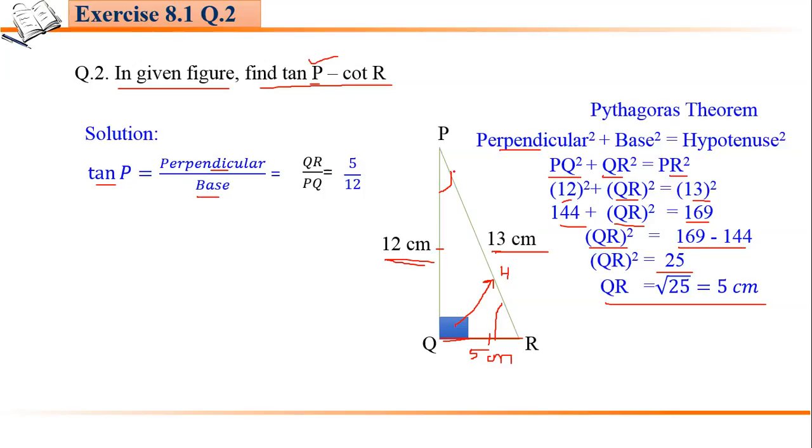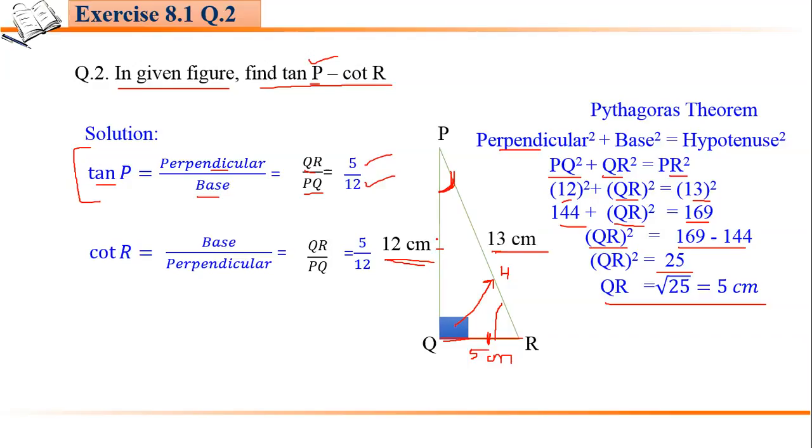So if we are considering this angle tan P, तो अगर हम ये एंगल को कंसीडर करते हैं तो इसके ऑपोजिट वाली साइड को हम कंसीडर करेंगे परपेंडिकुलर. तो इसके ऑपोजिट साइड कौन सी है, QR, एंड इसका बेस क्या है, PQ. तो ये हमारे पास क्या आ जाएगा, tan P की वैल्यू. तो QR हमने कैलकुलेट किया हुआ, that is 5 सेंटीमीटर and PQ is 12 सेंटीमीटर. तो यहाँ से हमारे पास tan P की वैल्यू कितनी हो गई, 5 अपॉन 12, परपेंडिकुलर अपॉन बेस. जो भी एंगल कंसीडर करना है उसके सामने या उसके ऑपोजिट जो साइड है वो हो जाएगी परपेंडिकुलर. तो P के सामने ये वाली साइड परपेंडिकुलर है, हाइपोटेन्यूज हमारा फिक्स्ड है, तो ऑब्वियसली ये क्या हो जाएगा, बेस.